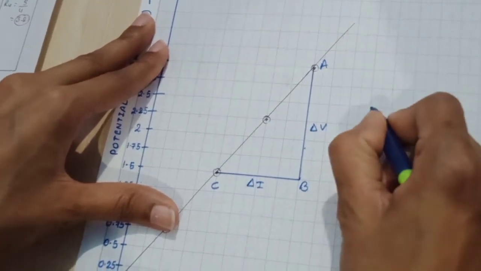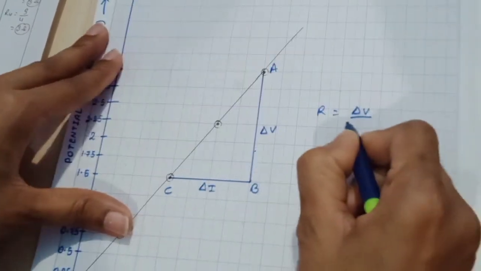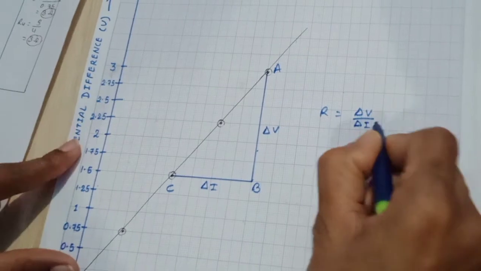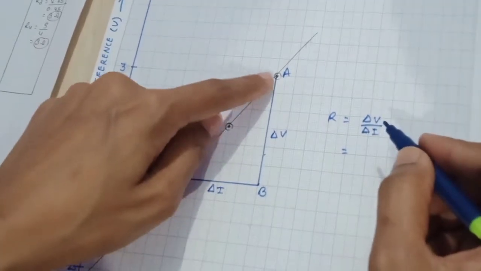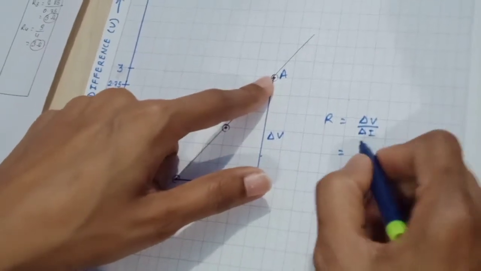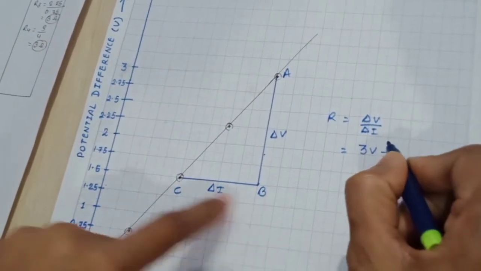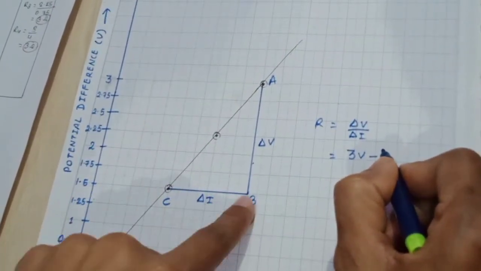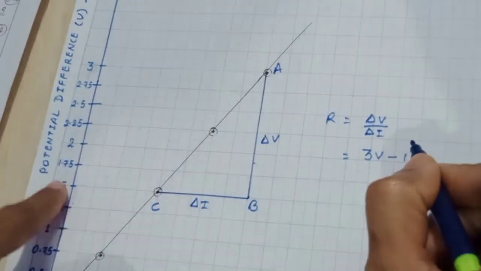So R will be delta V upon delta I. What is delta V? Delta V is the greater value, that is 3 volt, minus 1.5. The foot of this line is at 1.5.